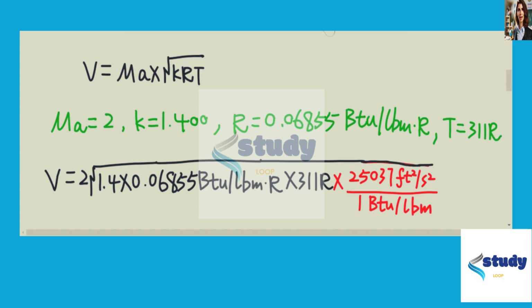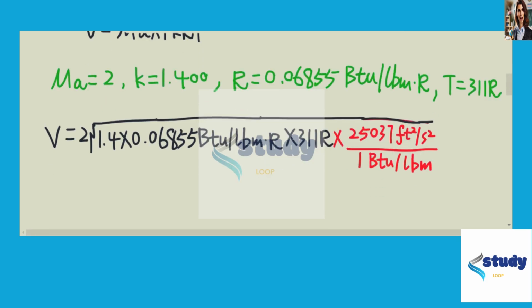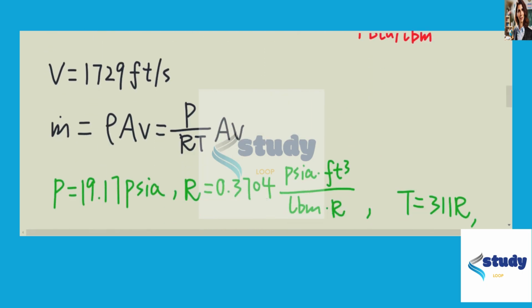So eventually we have the velocity at the test section of about 1729 feet per second.